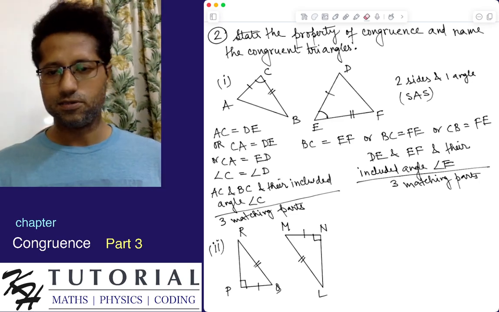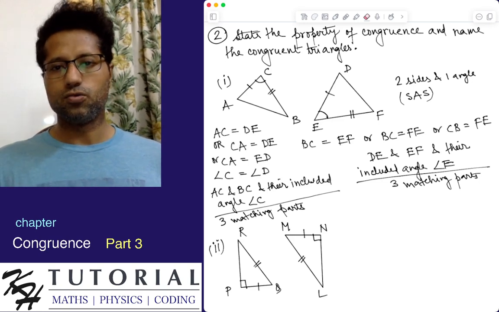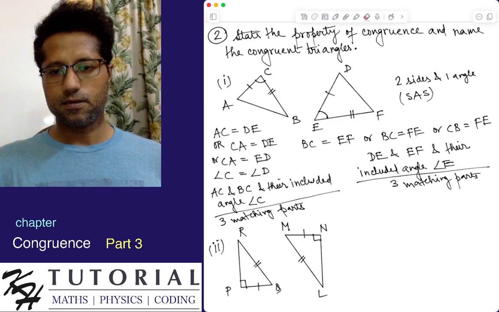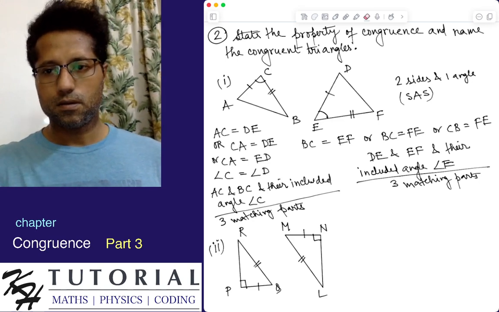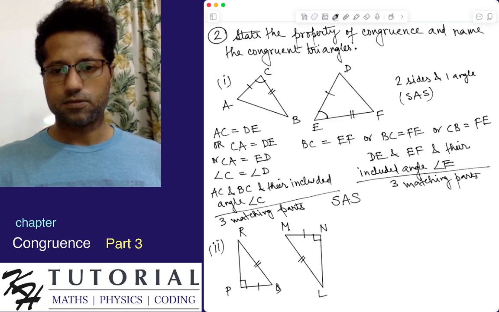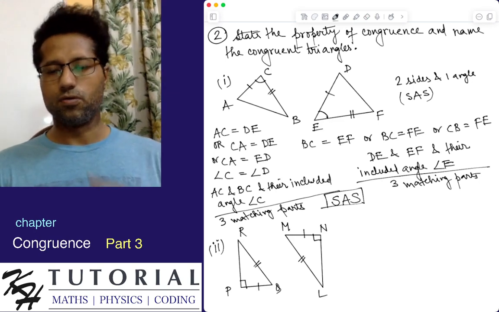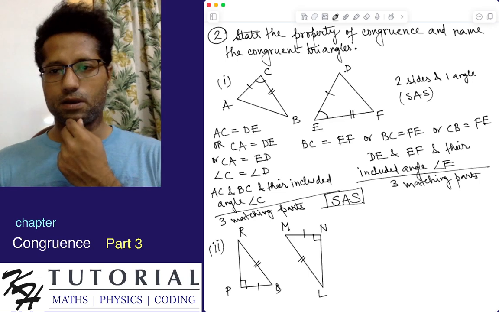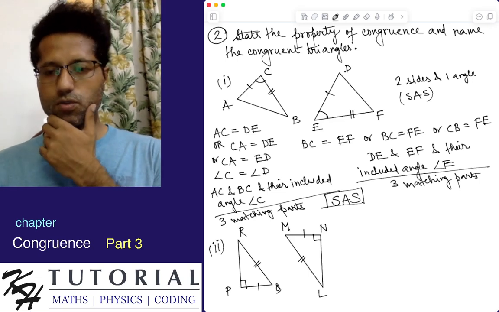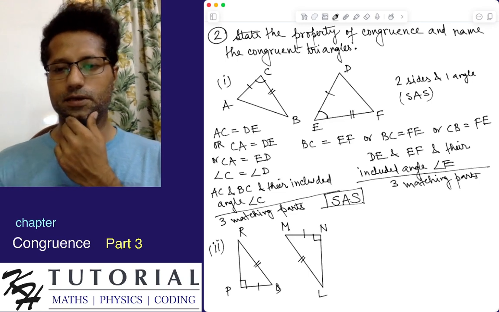So clearly, which condition is satisfied? This is two sides and the included angle, that is SAS. This criteria of congruence is being applied, and based on this criteria these two triangles are congruent, we can say.